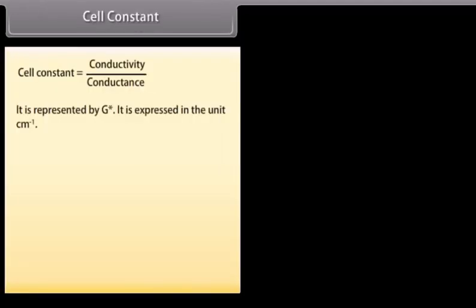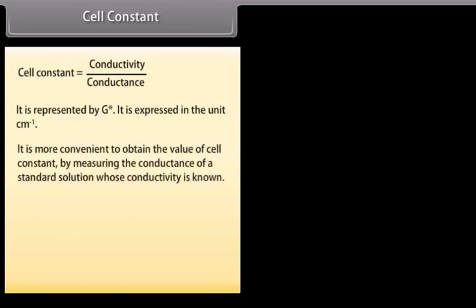Cell constant. Cell constant is equal to conductivity upon conductance. It is represented by G*. It is expressed in the unit centimeter inverse. It is more convenient to obtain the value of the cell constant by measuring the conductance of a standard solution whose conductivity is known.